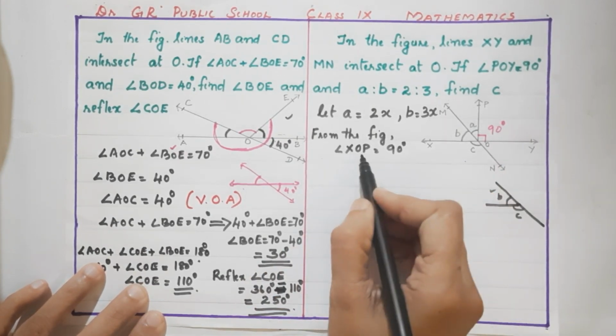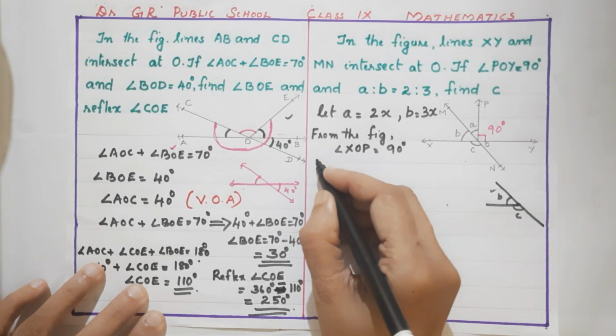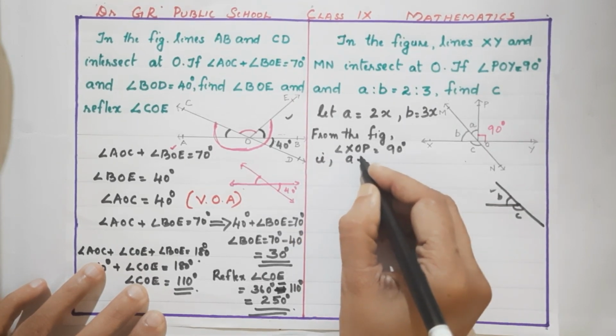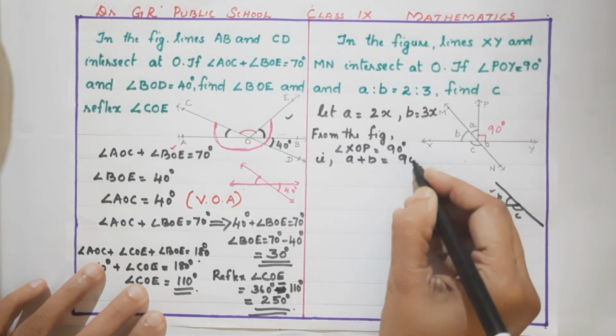What is angle XOP? A plus B. That is, A plus B equal to 90 degrees.